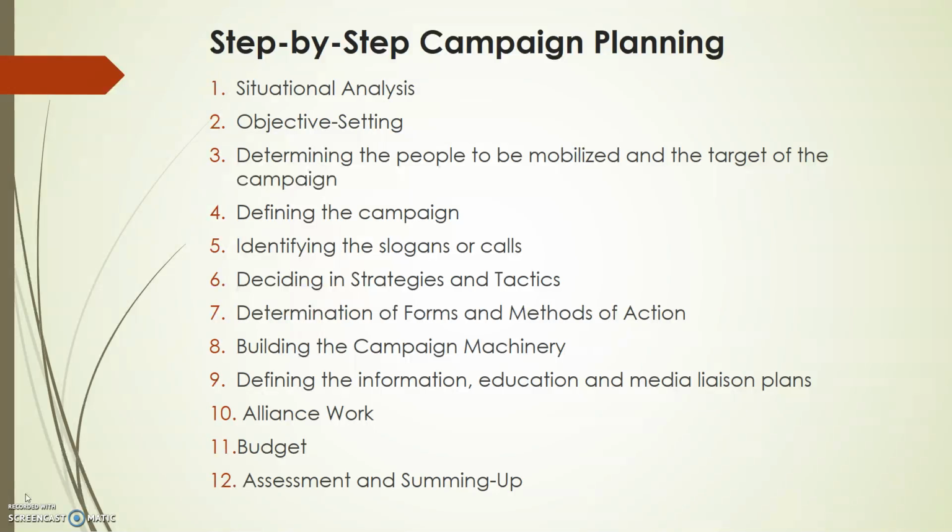Then the building of the campaign machinery. Then the ninth would be defining the information, education, and media liaison plans. Next is alliance work. Then the budgeting. Then the 12th is the assessment and summing up.